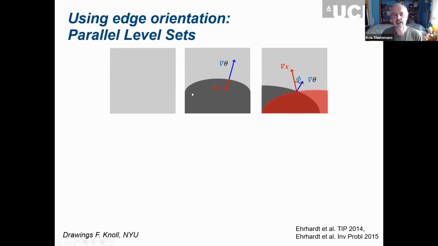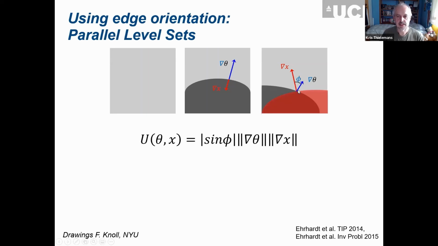A level set is like a contour plot of the image, and you can look at the gradients, which are orthogonal to the level sets of the two sets of images. Clearly, if you have an orientation difference of your two gradients, that is not desirable. And so Matthias Ehrhardt encoded this by adding a penalty that depends on the angle between the two gradients.